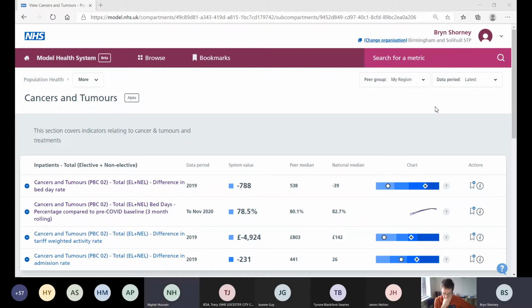But in terms of the original question, if there's a big tertiary centre within your STP, what's captured in these indicators is not all of that activity, just the activity for patients registered with a GP. However, there probably is an element that access to those is affected by proximity.